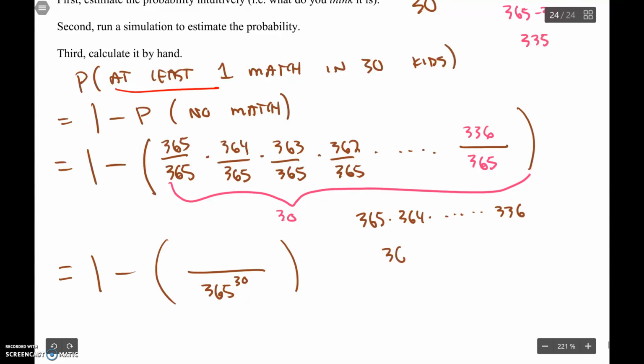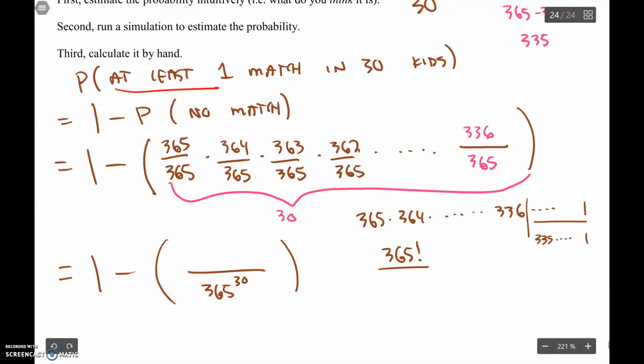Remember, 365 factorial is going to go from 365 all the way down to 1. So basically what I want to do is I want to cancel out all the ones that are from 335 down to 1.